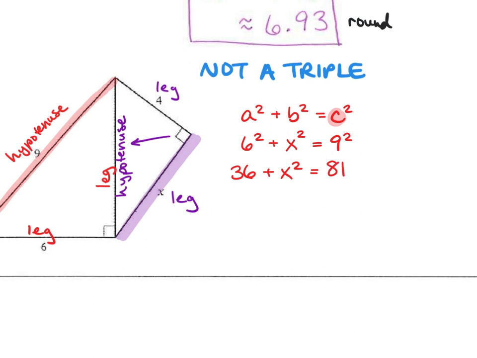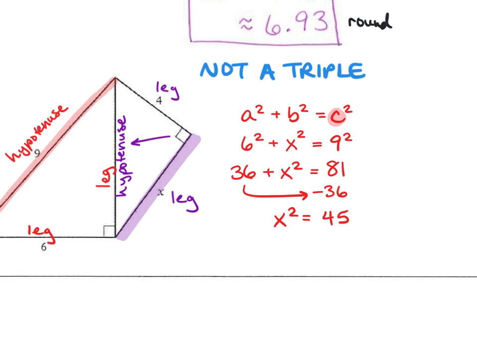What was the next step in number 1? Subtract. So I'm going to subtract 36 to the other side. 81 minus 36 is what? 45. Okay. I'm glad you said that, so don't get ahead of me here.